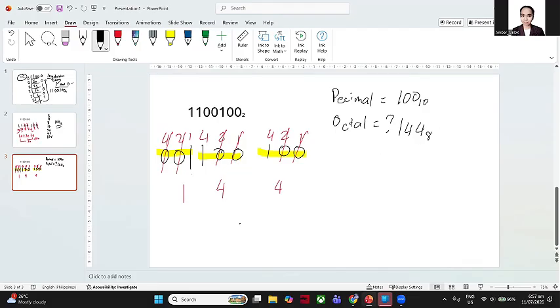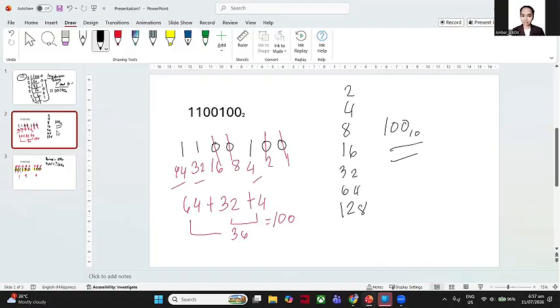How? Based on our previous numbers, we add the numbers based on the given one.